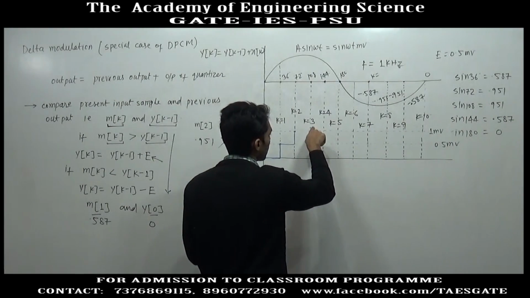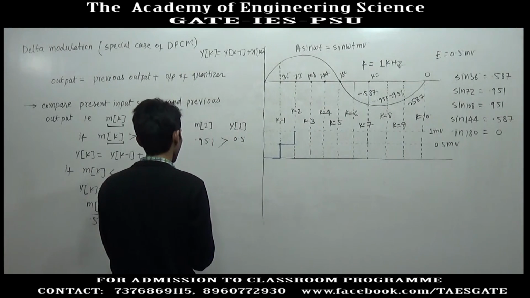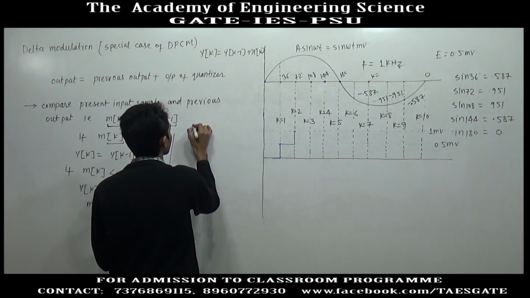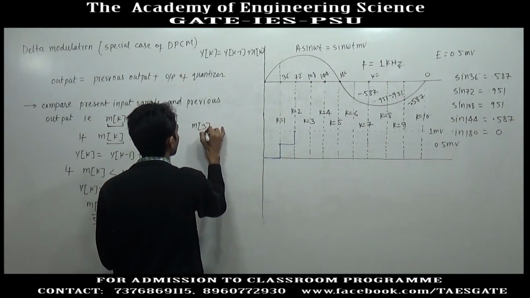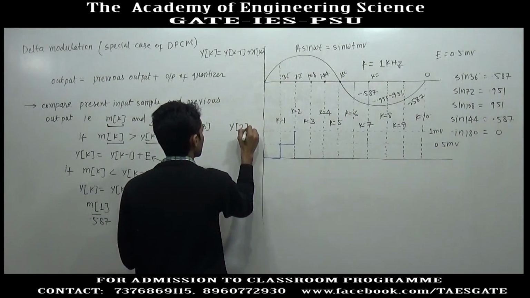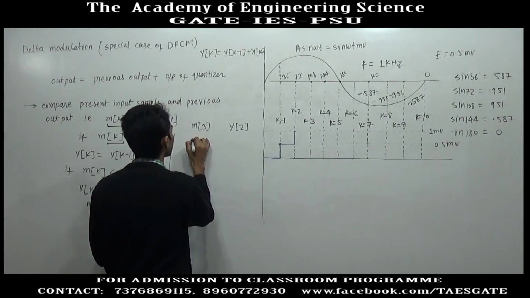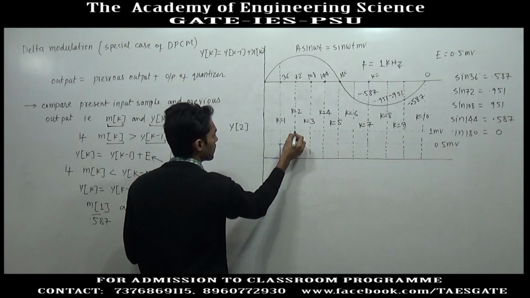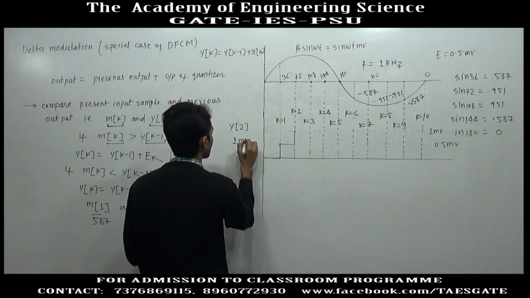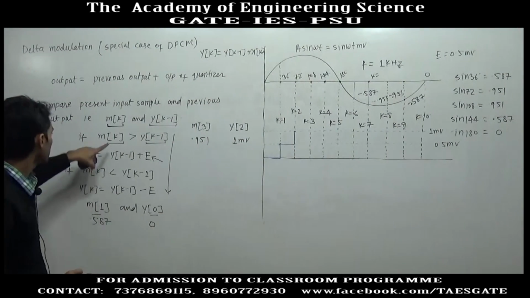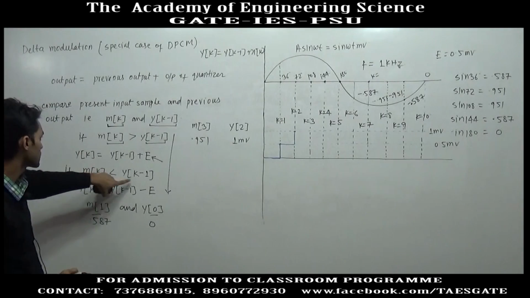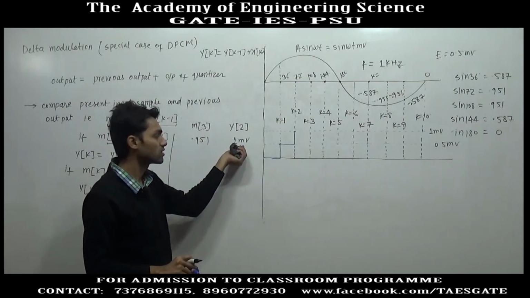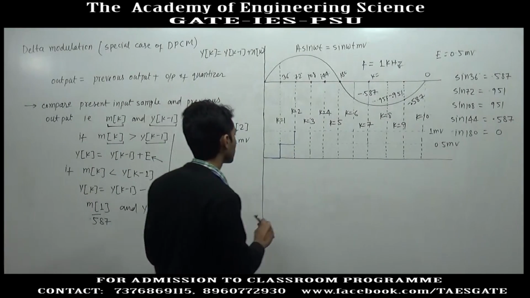Next, to obtain output at k equal to 3, we will compare M3 and Y2. M3 is 0.951 and Y2 is 1 millivolt. Now Mk is less than Yk minus 1, M3 is less than Y2, so we will subtract the threshold from the output.